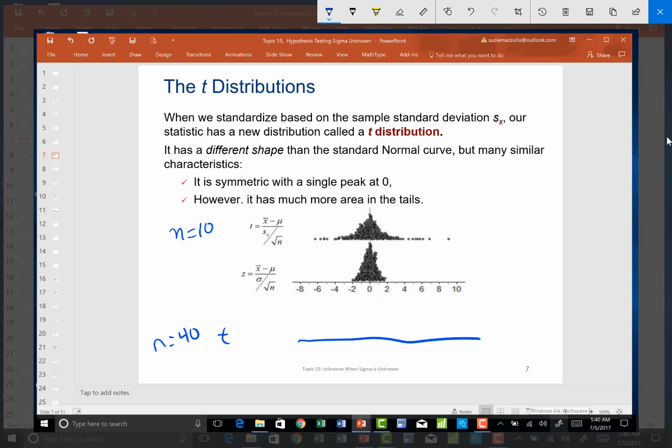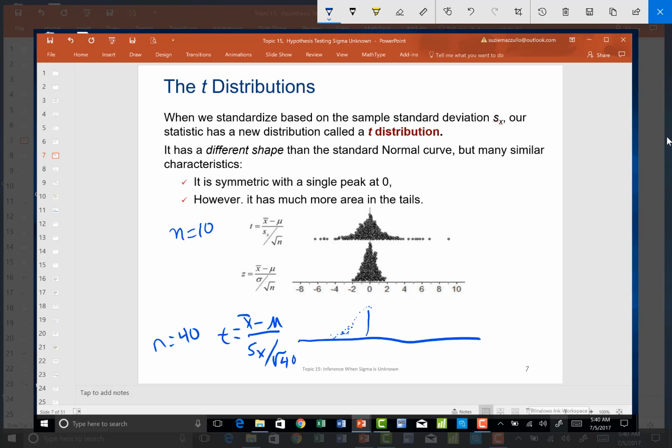40, I'm going to have a different student t distribution because my guess for the population standard deviation with this sample size is going to be better, and the distribution will still have some dots in here, but it's going to get closer.